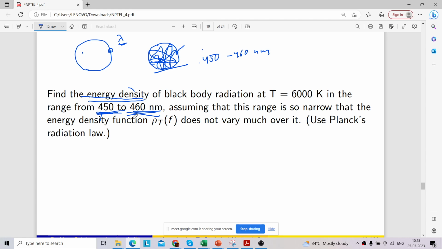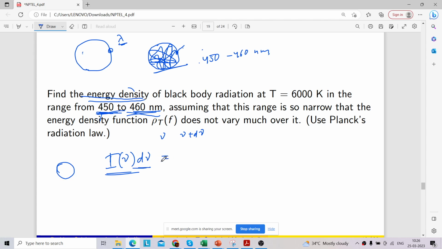So from class you might be knowing the intensity as a function of frequency of radiation for a black body, in the range d nu, means you have some frequency in the range nu to nu plus d nu. So what is the intensity of radiation that is trapped or absorbed in that black body in the frequency range d nu?